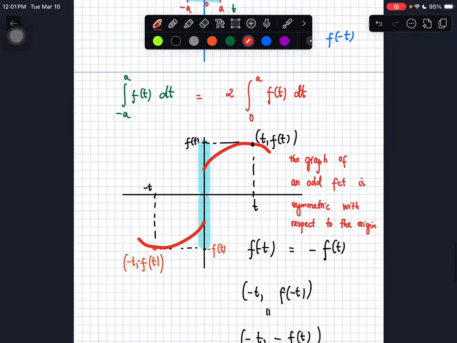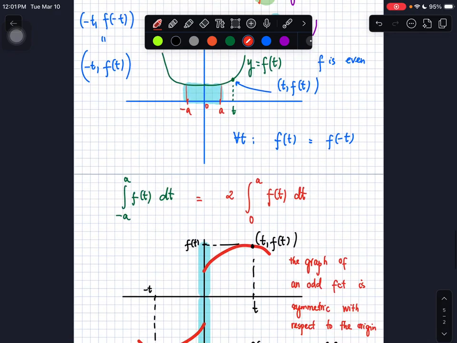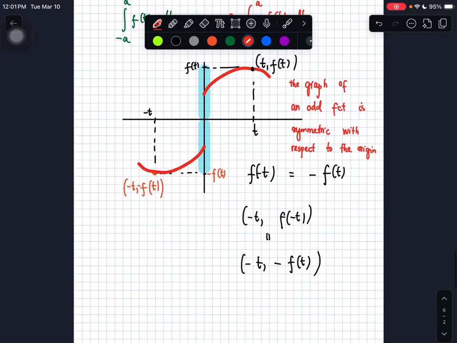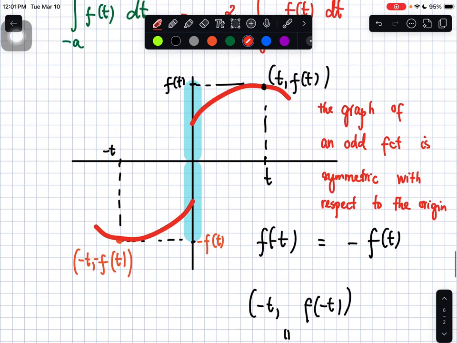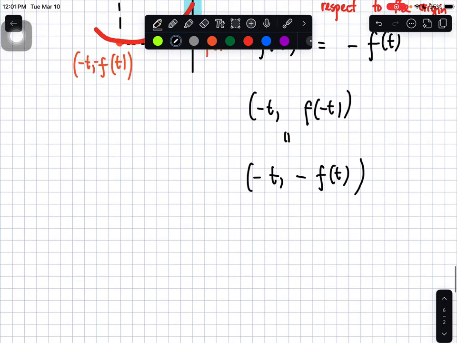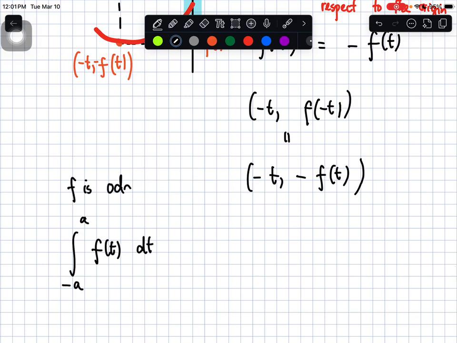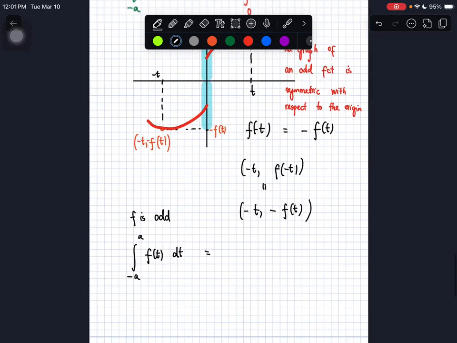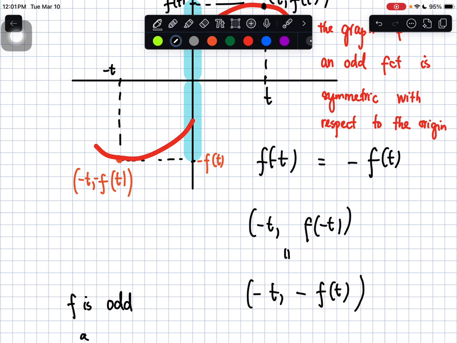So now I can compute the area under this curve if I do the integral, say from minus a to a, of f(t) dt. f is odd. Say minus a here.